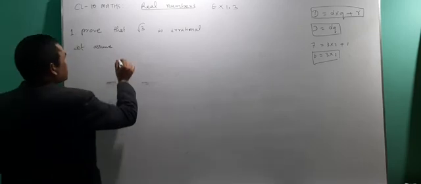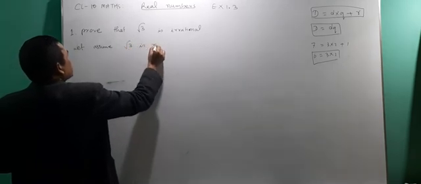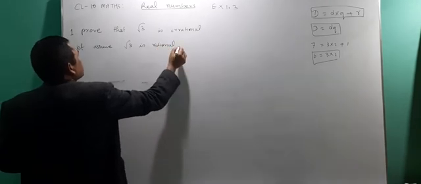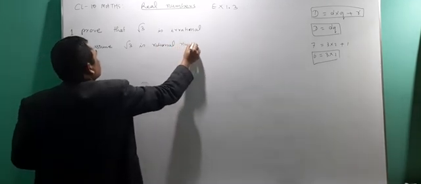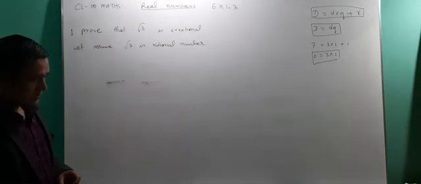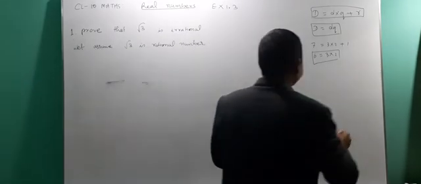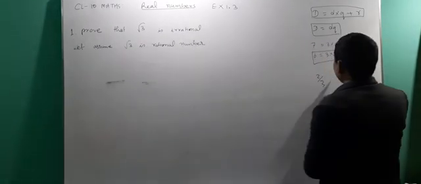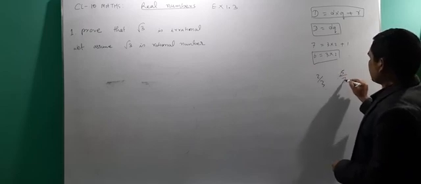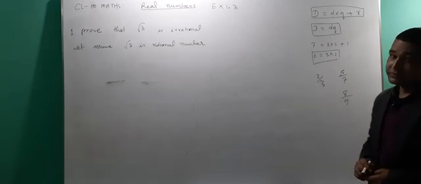Let's assume root 3 is a rational number. A rational number means it is a fraction. Suppose 2 by 3, 5 by 7, 8 by 9, all these are rational numbers.